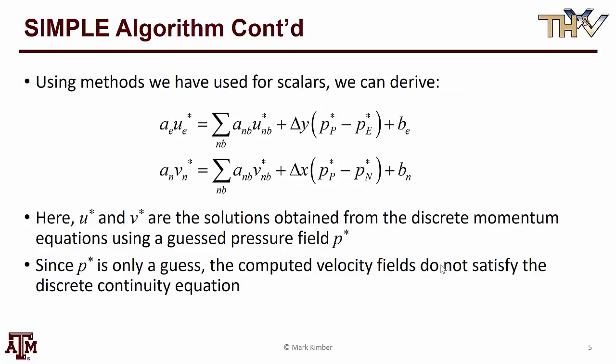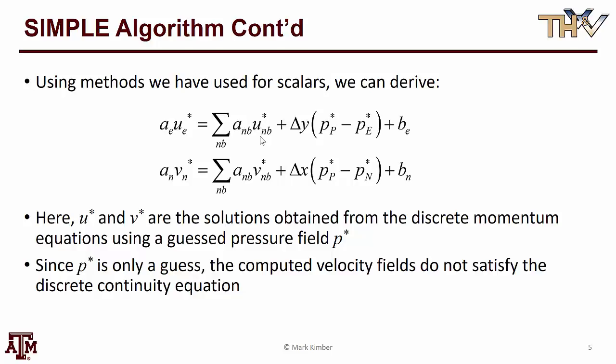Okay, so what we can do is start with just a guess for the pressure field, and we can then solve these discretized equations. That's going to give us velocities in both directions, u and v. These quantities are starred because they're not accurate.